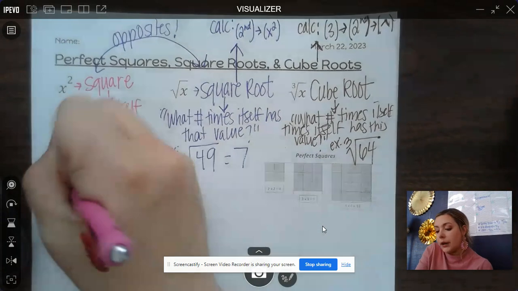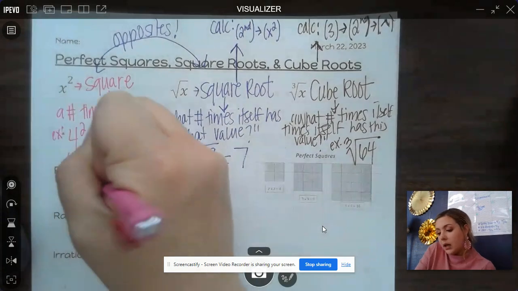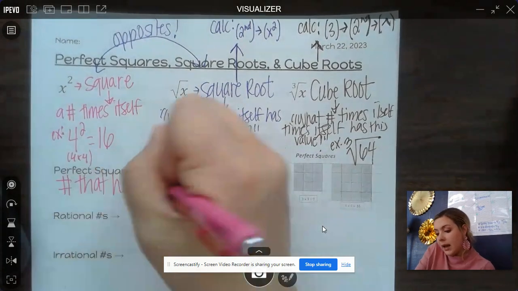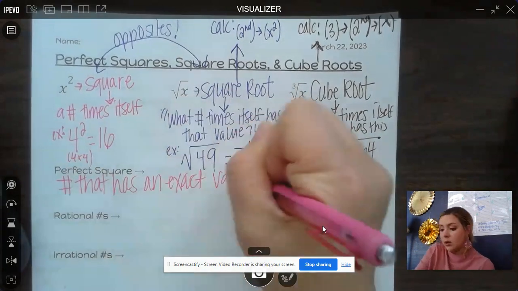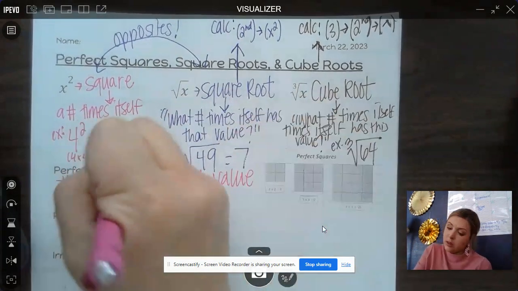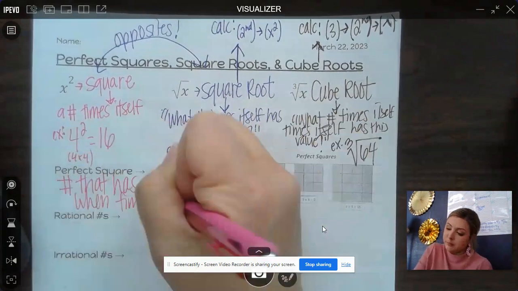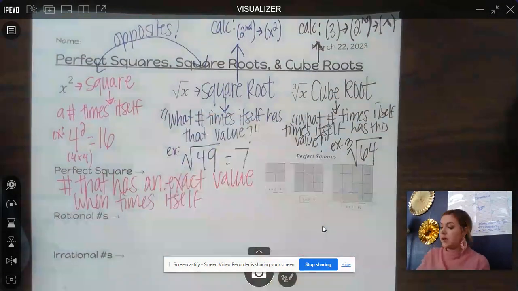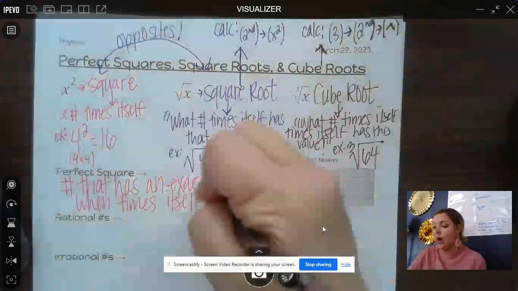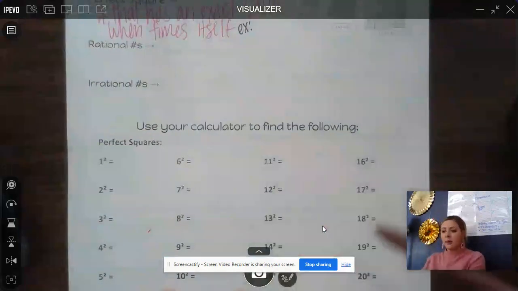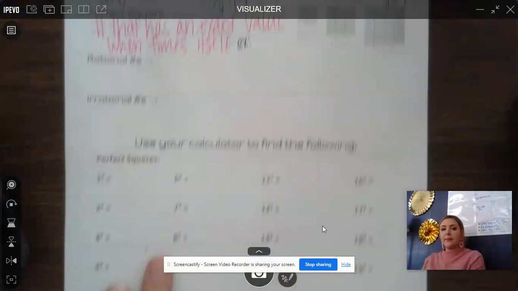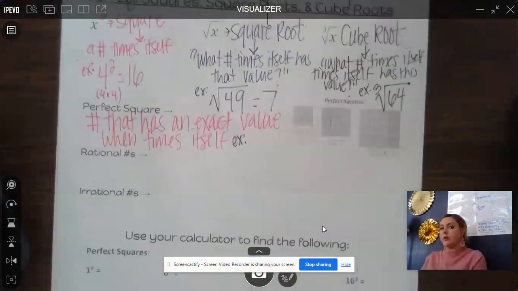It's a number that has an exact value when times itself. So you're going to list them all at the bottom in a second. We're going to list all of these times itself in a second, because we're going to use them as a guide for the rest of the week.